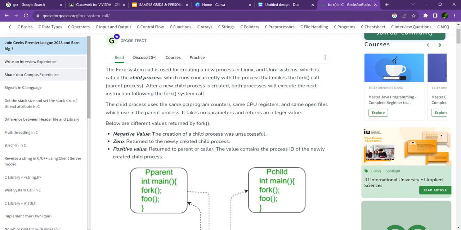One process is called the parent process, and immediately one process is called the child process.